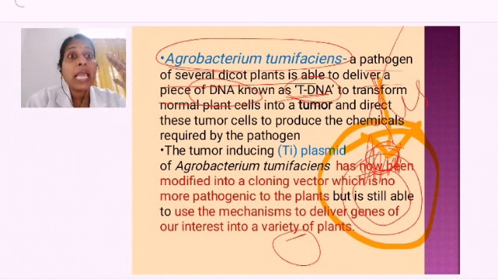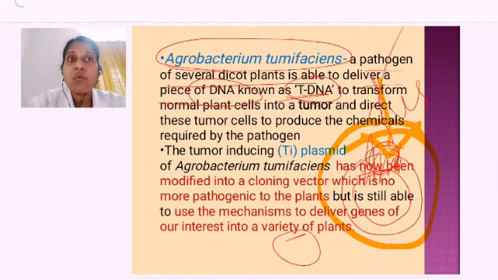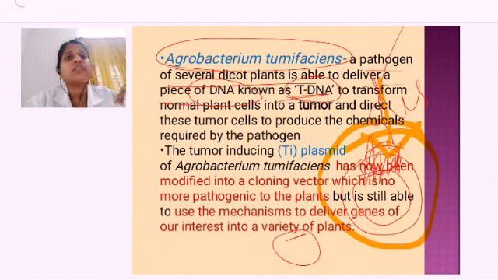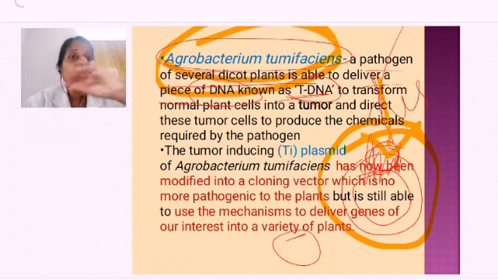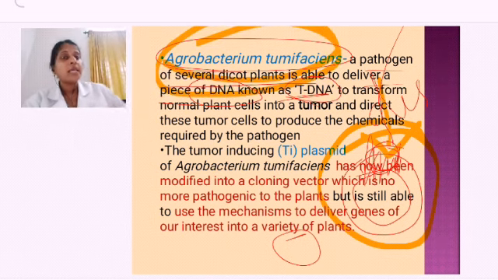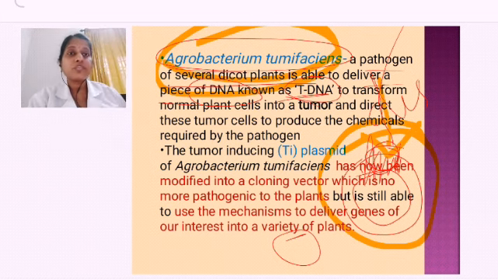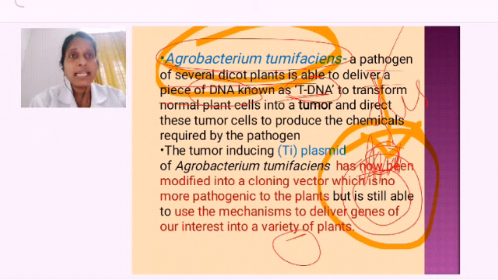Now it is helpful to me because it is introducing the DNA sequence, the foreign DNA, which is coding for pest resistance. Like that, I can develop many different varieties of plants resistant to drought, resistant to pest, with the help of this Agrobacterium tumefaciens. By removing the pathogenic sequences and introducing my gene of interest into that, I can develop varieties of plants, not animals, plants which are resistant to several characters.